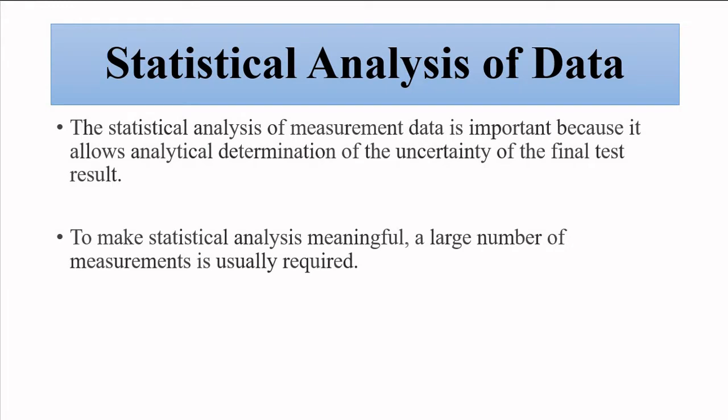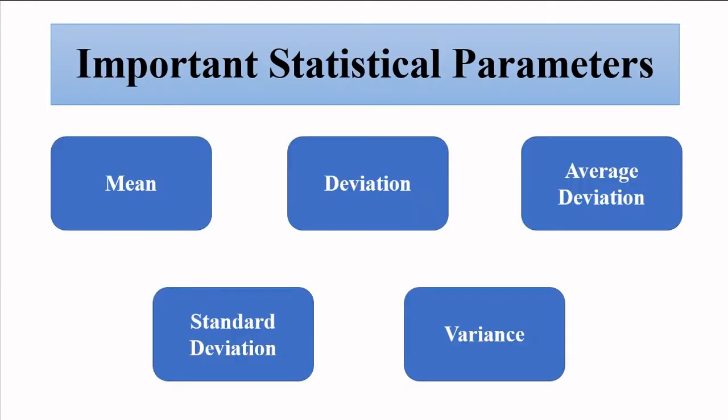We calculate a lot of things, and then from those parameters we get a roundabout idea of what will be the closest value to the exact or true value of the measurement reading that we are taking. So some of those important parameters are mean or arithmetic mean, deviation, average deviation, standard deviation, then variance. So we'll discuss them one by one.